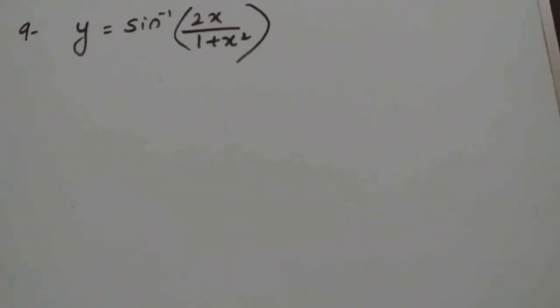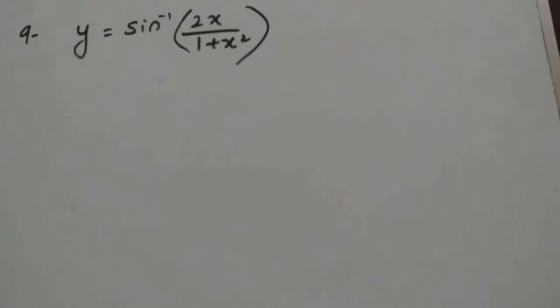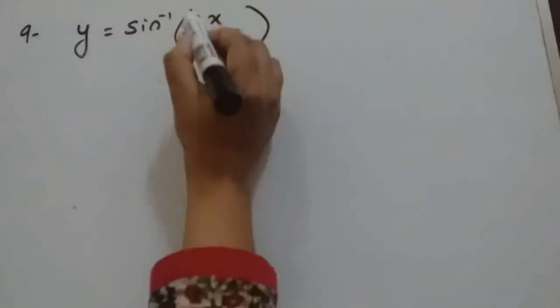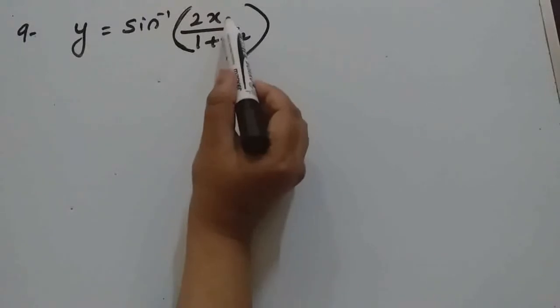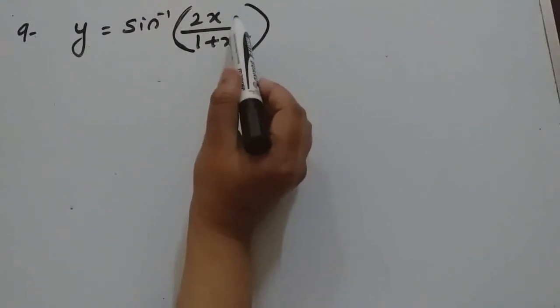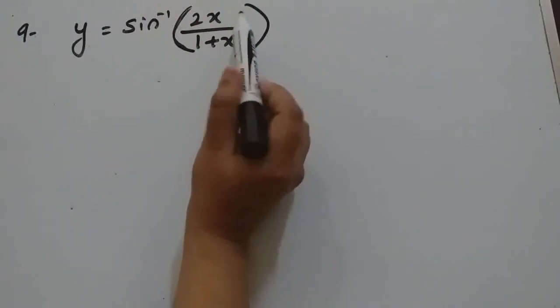To find the derivative of inverse trigonometric functions, first we should simplify the function using substitution. Here we can go with the substitution method, isn't it? For that we should recall the substitution and expression table from the inverse trigonometric chapter.